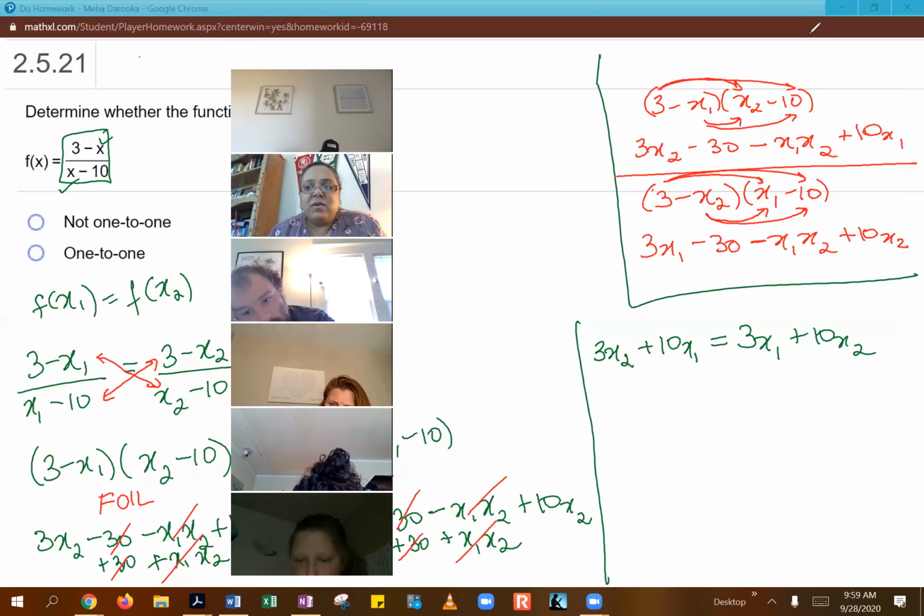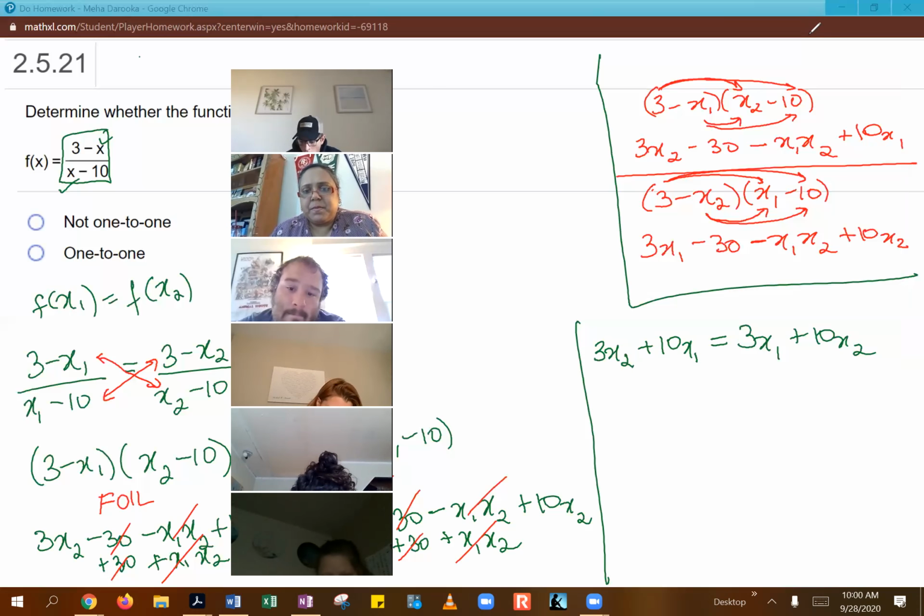All right, now what do you think you will do to try and simplify this further? You have 3 times x2 plus 10 times x1 on the left, 3 times x1 plus 10 times x2 on the right-hand side. You'd combine the like terms.